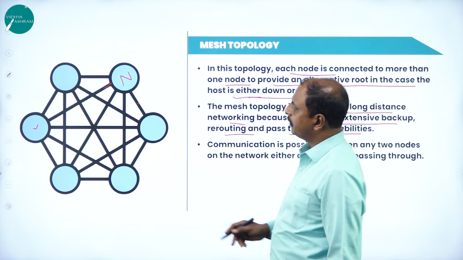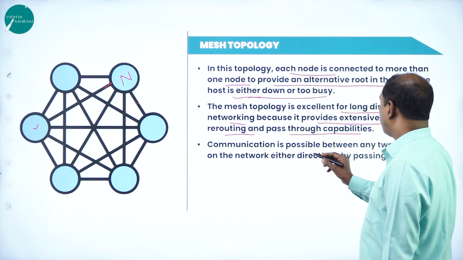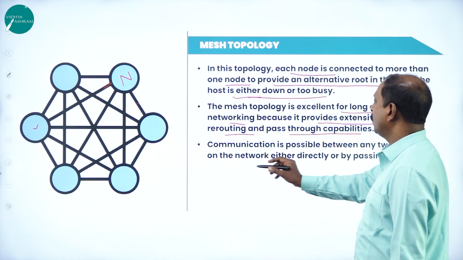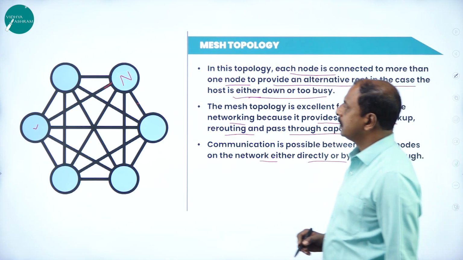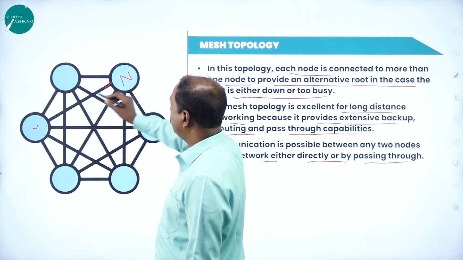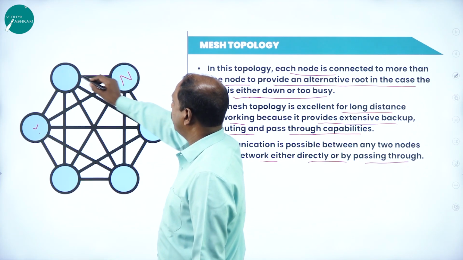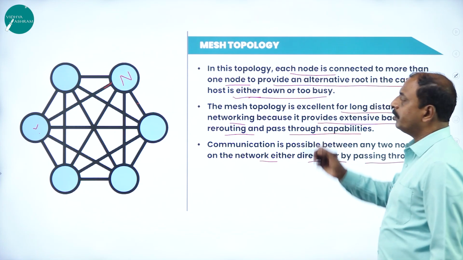So the advantage is that it provides more than one path. Next, communication is possible between any 2 nodes in the network either directly or by passing through other nodes. Suppose communication between these two, either it can communicate directly from here to this computer, or through some other nodes or some other path. This is mesh topology.